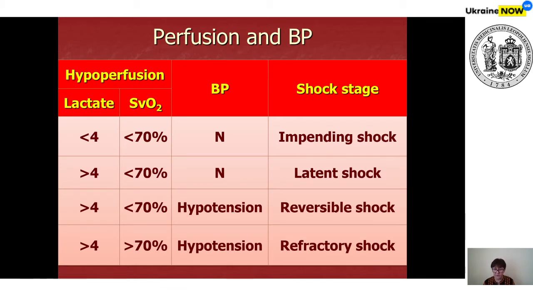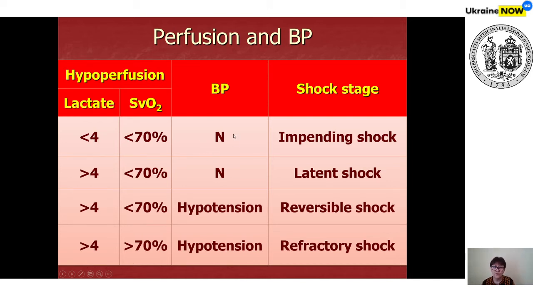Consider a patient with normal blood pressure and lactate level less than 4. The normal range of lactate is less than 2 millimole per liter, but as a diagnostic measure in shock patients we use about 4 millimole per liter.